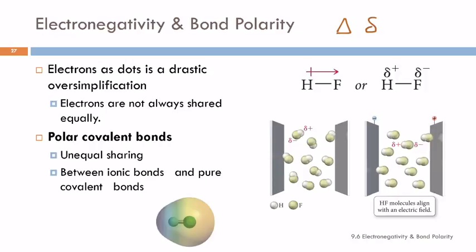Yes? So the electrons usually go more towards the element that has the higher electronegativity? Yeah. Electronegativity, we'll see in the next slide, is how much attractiveness an atom has for the electrons.